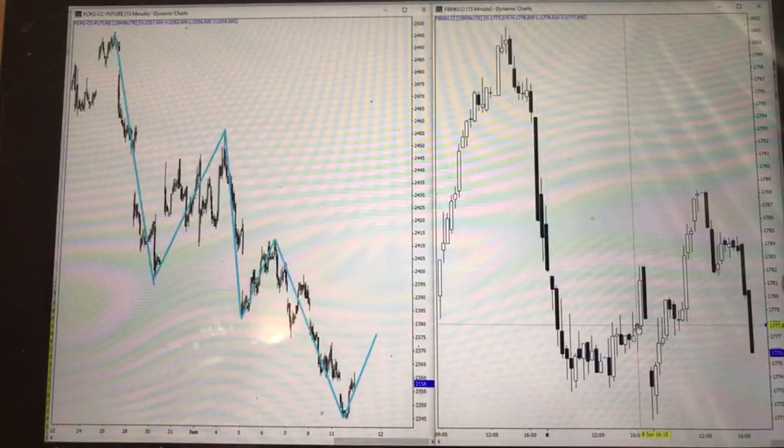at that time, price was around 1,782 something, and now price has moved to 1,776, 75.8. Okay, 76. That means price moved down around 6 points.